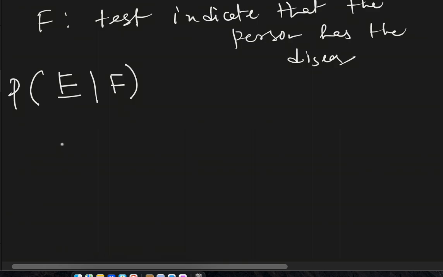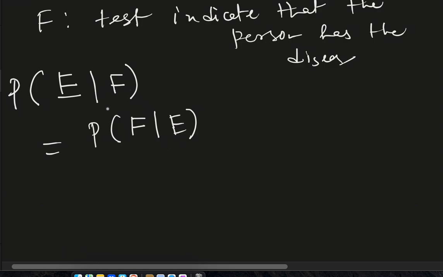Now let me calculate that. When the test shows that the individual has the disease, what is the probability that he actually has the disease? Let's use the Bayesian theorem here. If he has the disease and does the test, what is the probability that the test will show that he has the disease?